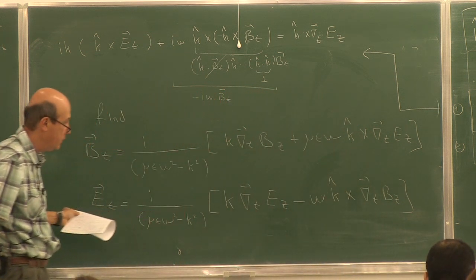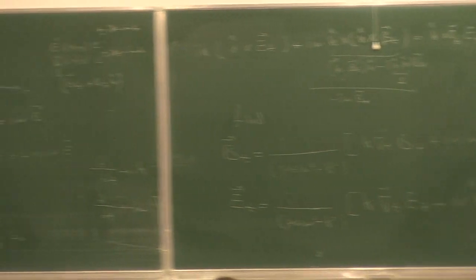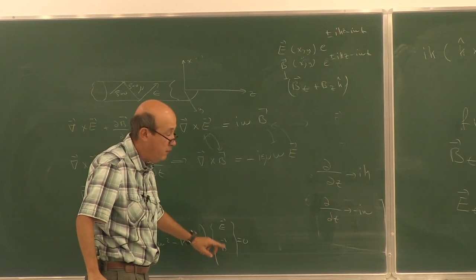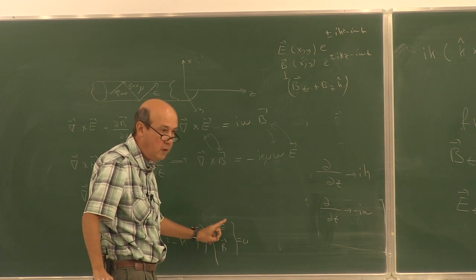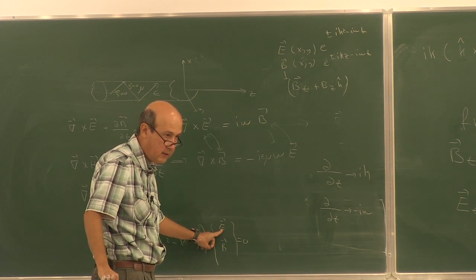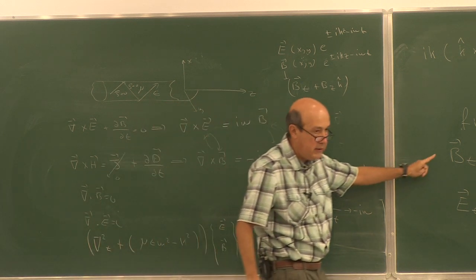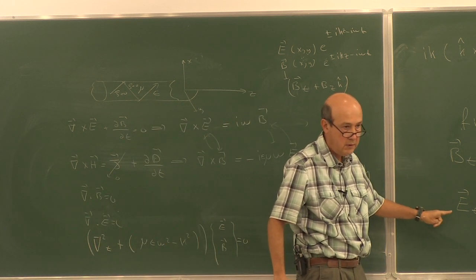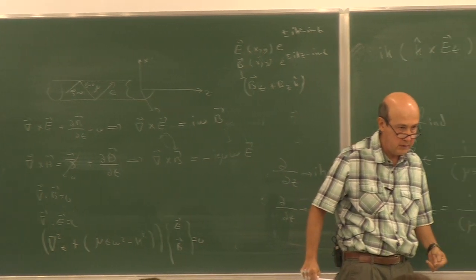Same structure. So the idea is the following. We have the wave equation, 6 equations. But for a waveguide, we know one thing. If I solve only the z component equation, I can calculate the transverse, because the transverse components are related to the z components.